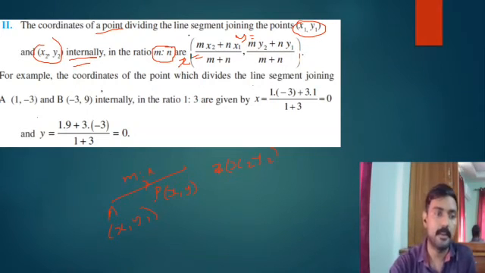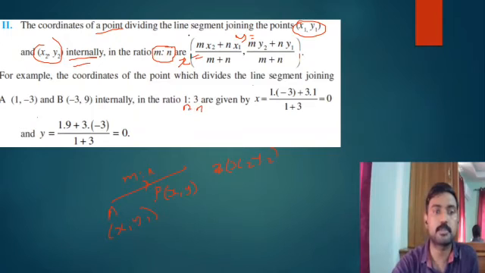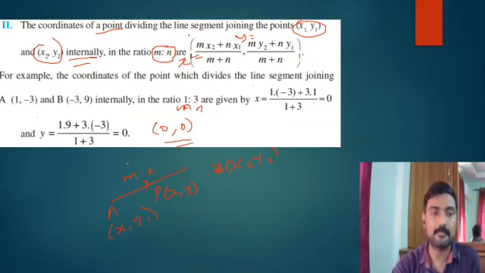Here is an example. The values x1, y1, x2, y2 and the ratio m is to n are given. When we insert all these values in the equations, we get x equal to 0 and y equal to 0. So the dividing point will be (0, 0).